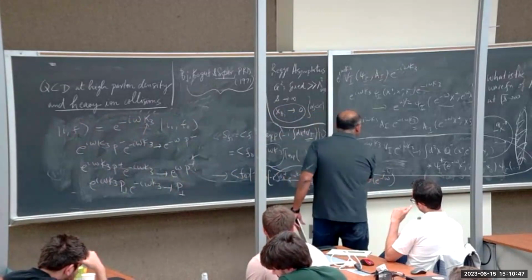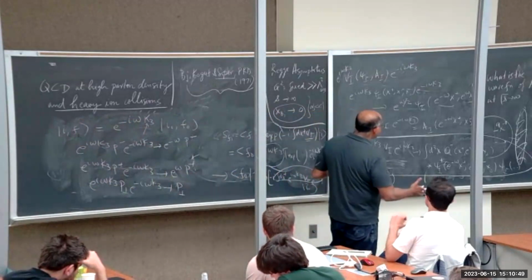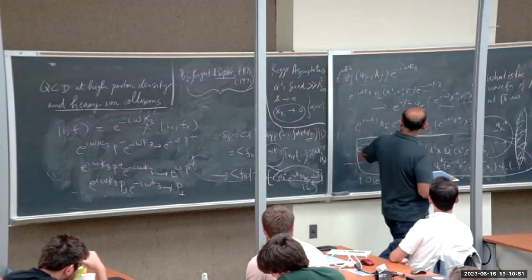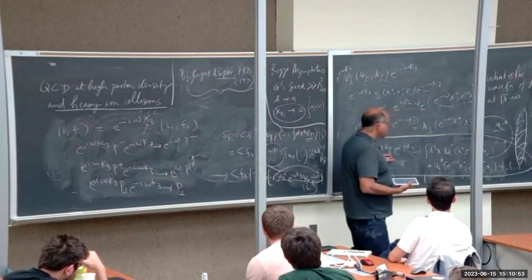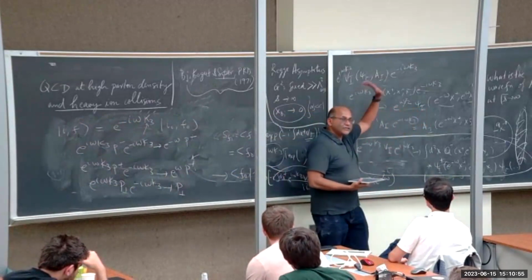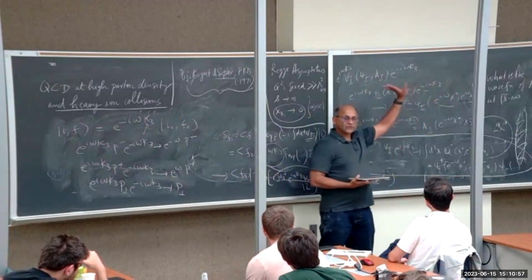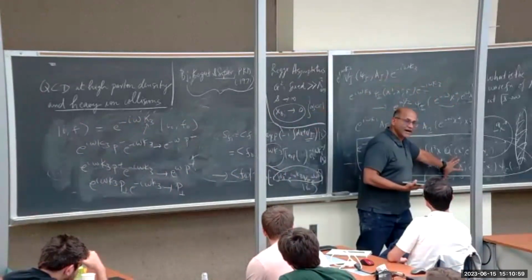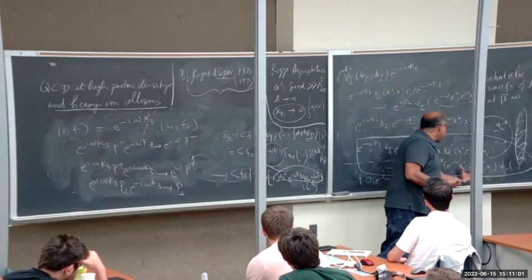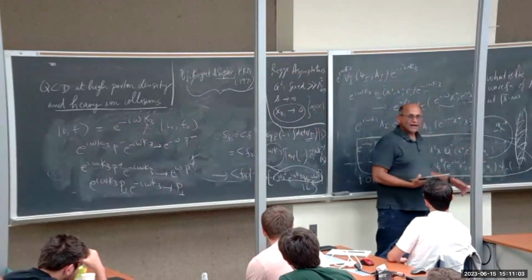Okay, but my point is that I had this very complicated interaction potential, right? And it has all these complicated QED, QCD self-interactions. All that survives is psi dagger psi times A minus.